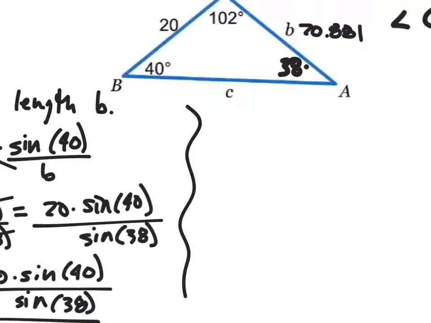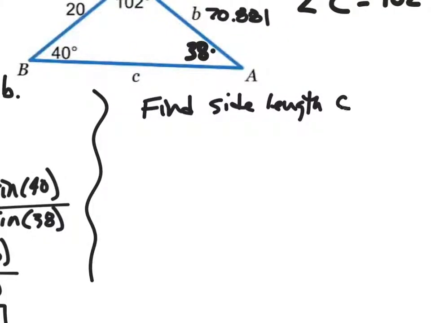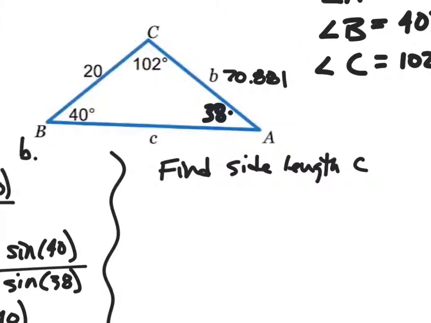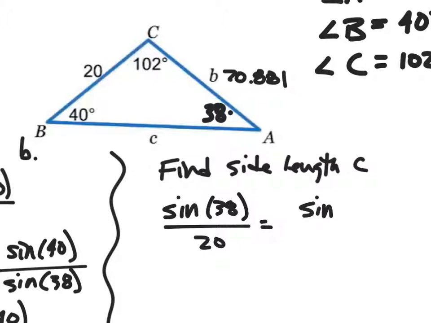Let's go ahead and figure out what side length C is. All right. So find side length C. All right. So what I want to do is let's do sine of 38 over 20, which is A, is equal to sine of 102 divided by C. So let's cross multiply.